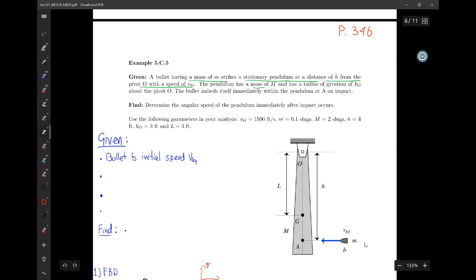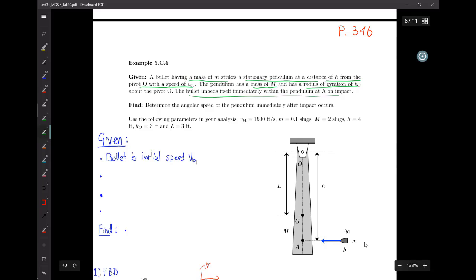Now the pendulum has mass capital M and a radius of gyration k_O about that point O, the pivoting point. And then the bullet is embedded inside point A of the pendulum.